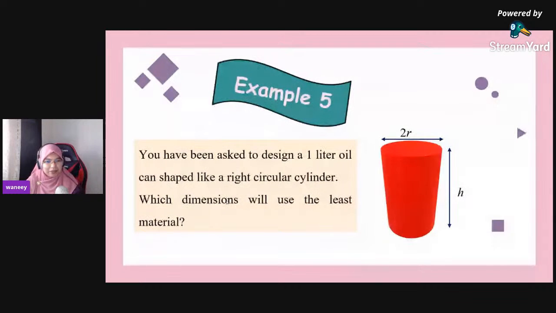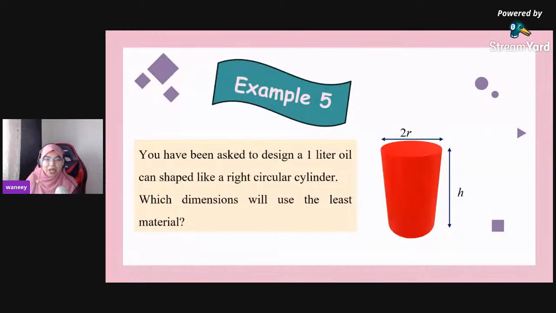Okay, so example 5. You have been asked to design a 1 liter oil can shaped like a right circular cylinder. Which dimension will use the least material? Okay, so now what do we know so far?